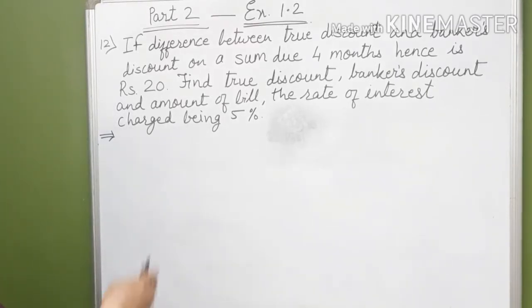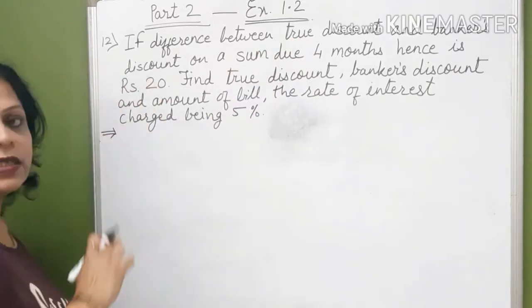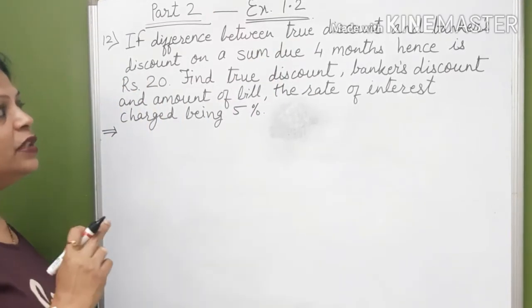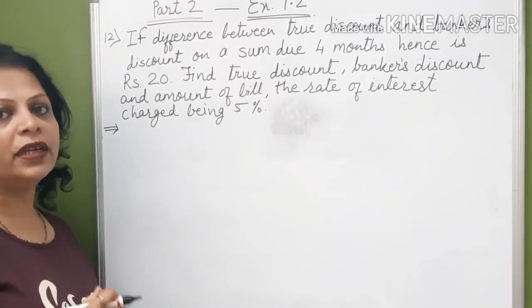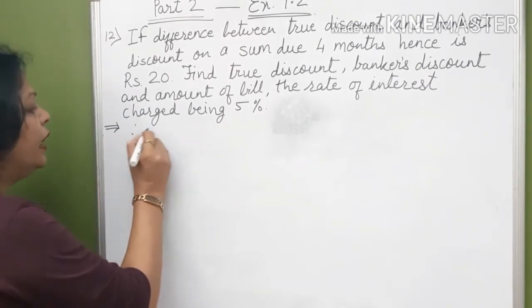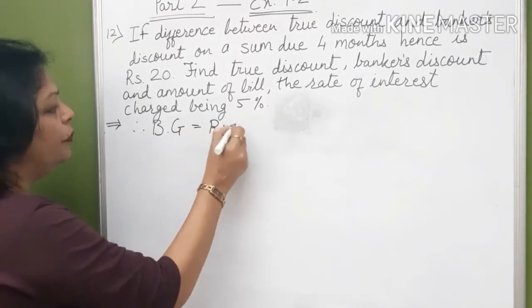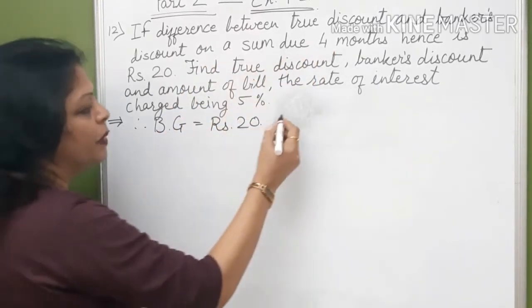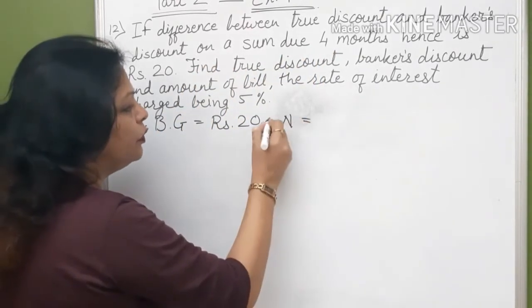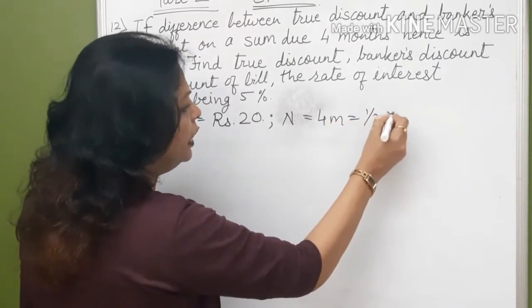So over here they have given the difference between true discount and the banker's discount. Now we know that the difference between true discount and the banker's discount is called banker's gain. So we get banker's gain is equal to rupees 20 on a sum due 4 months. So n is equal to 4 months, that is 1/3 years.